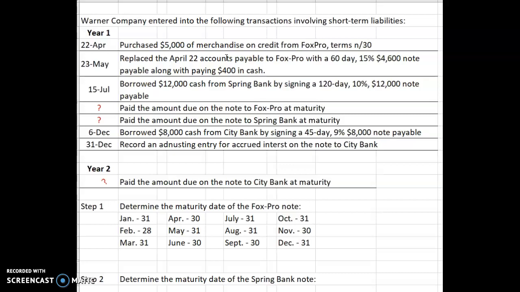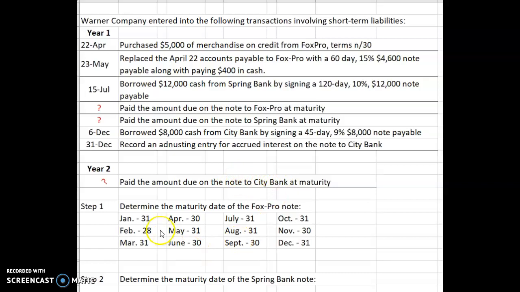Then on December 6th, they borrowed $8,000 cash from Citibank by signing a 45-day 9% $8,000 note payable. On December 31st, we have to accrue the interest expense on the Citibank note payable. In year 2, at the maturity date, they paid the balance due on the Citibank note.